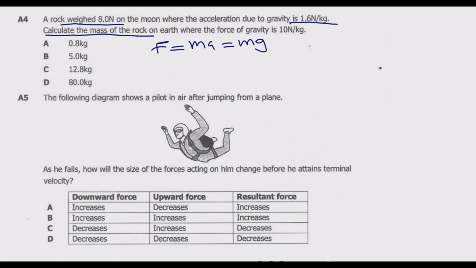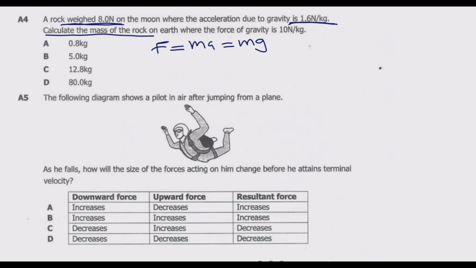So what have we been given? We've been given the force, then also the gravity on the moon. Then we have to find the mass of the rock on Earth. Now remember, once we determine the mass of the rock on the moon, that mass remains the same whether on Earth or on the moon. The mass is the amount of matter contained in an object.